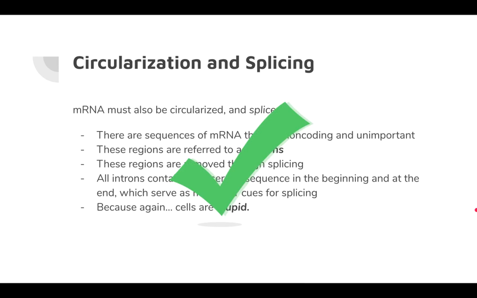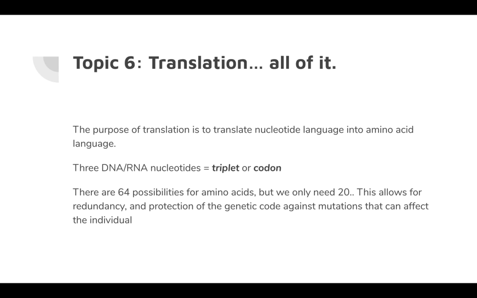Now that we have it spliced, now that it's circularized, has a 5' cap, poly A tail, it's ready to go into the cytoplasm. Now we hit translation, and literally we're going to talk about all of it. So the purpose of translation is to translate nucleotide language into amino acid language. And what that means is we're going from RNA to protein. And RNA is sort of like our bridge.